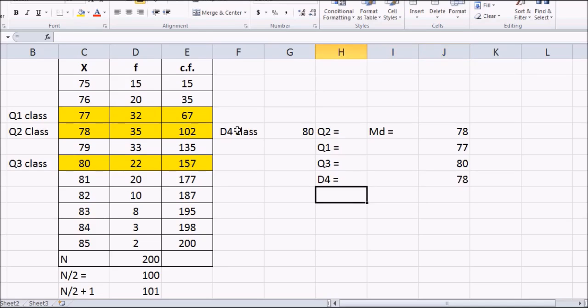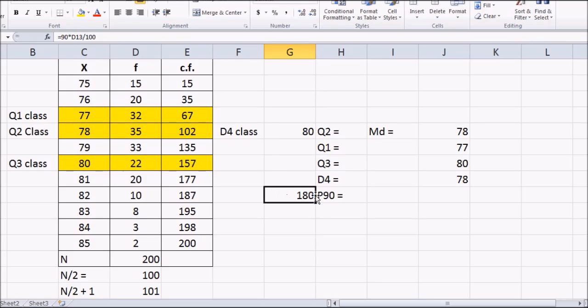Similarly, let's find a percentile value. Let's say, let's find P90, the 90th percentile. Now for the 90th percentile, as we know, percentile divides the data into 100 equal parts. We will have to divide n by 100, and since we want the 90th position, we will have to multiply that by 90. So this will be equal to 90 into n by 100, and that is equal to 180.